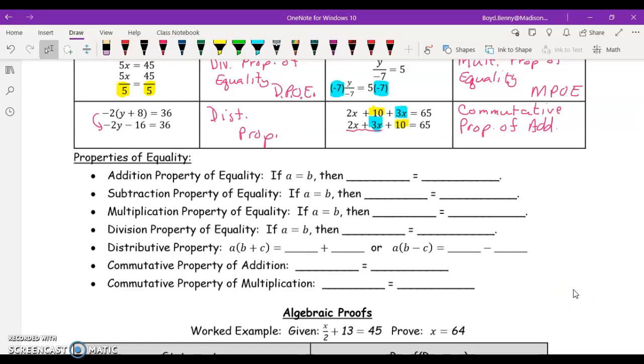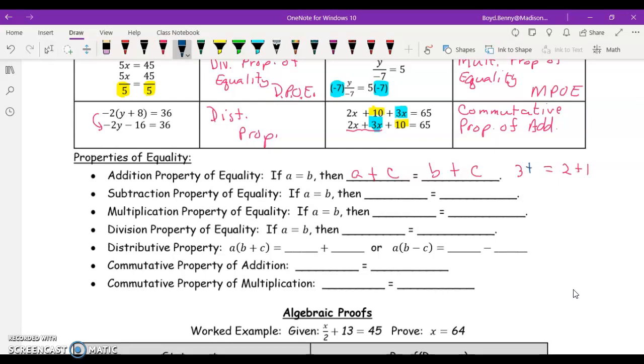Okay? So the addition property of equality basically says if A equals B, then if I add some number, we'll call that number C, to both sides, we get the same answer. For instance, 3 is equal to 2 plus 1.